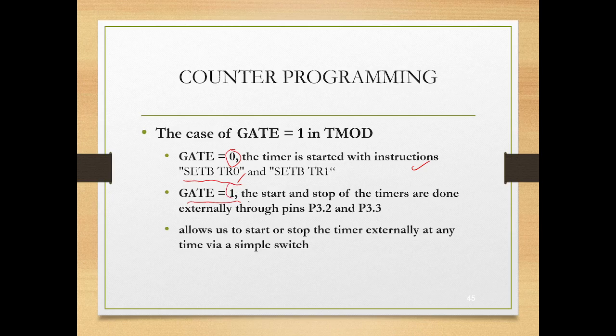Whereas if it is 1, the start and stop of the timer are done externally. If we have gate as 1, start and stop are controlled by external input connected to port 3, second pin and third pin, and allows us to start and stop the timer externally at any time via a simple switch. So the hardware can be extended with these pins so that we can start and stop externally.